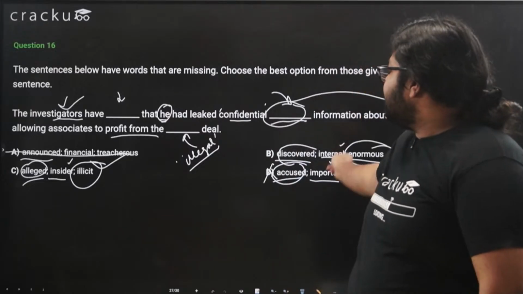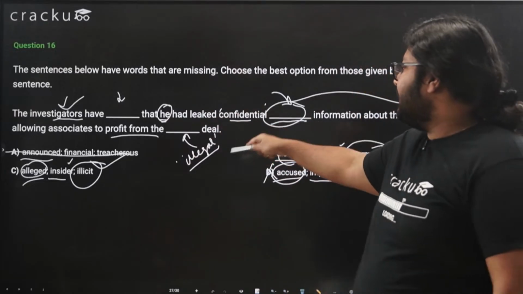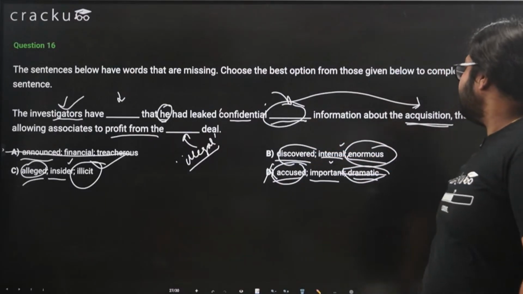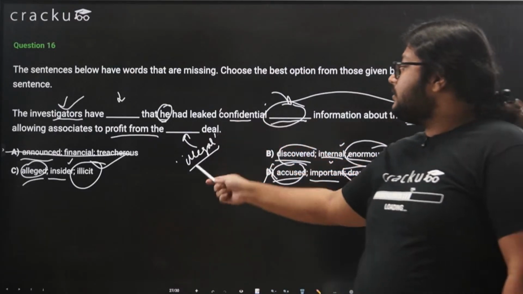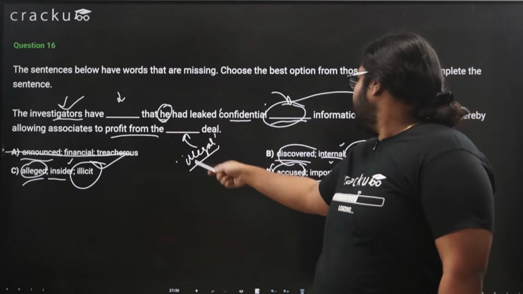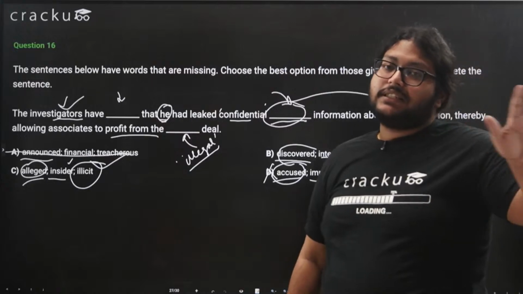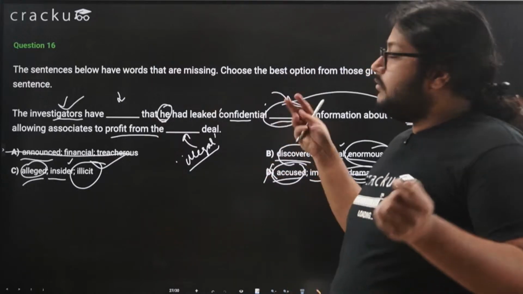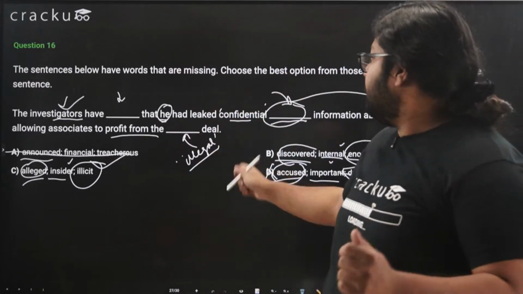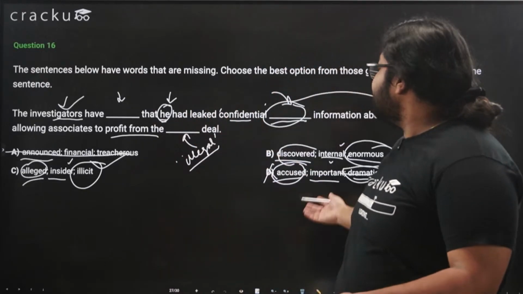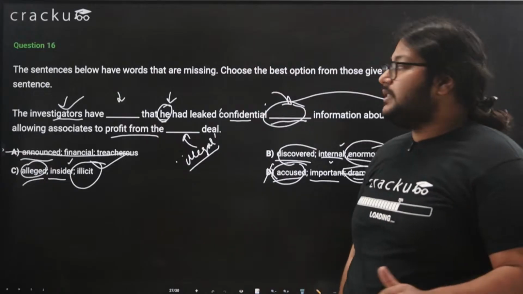Okay, B says the investigators have discovered that he leaked confidential internal information about the acquisition, thereby allowing associates to profit from the enormous deal. Okay, at some level I would say this makes sense, like it was a big deal and this person leaked internal information for this big deal.